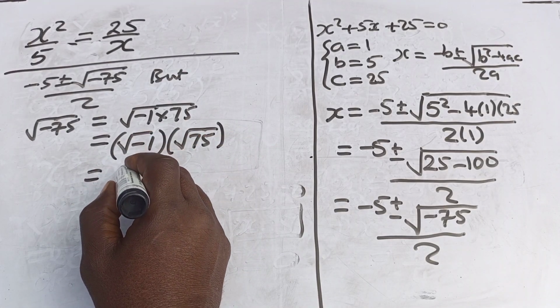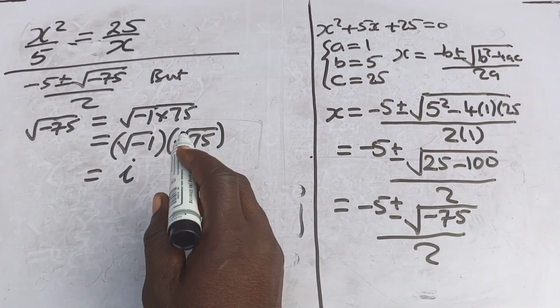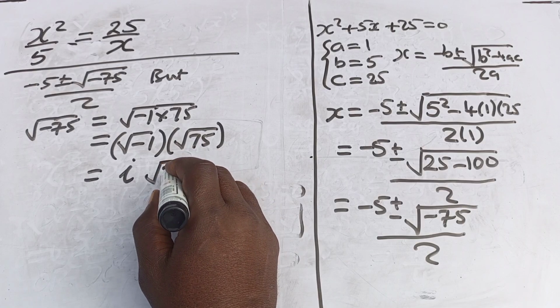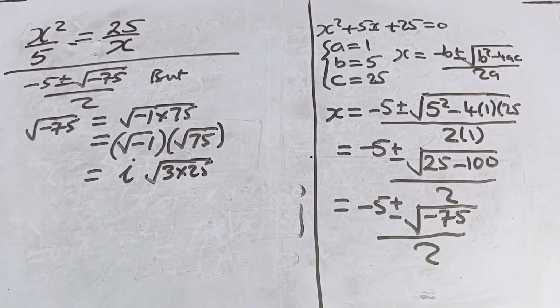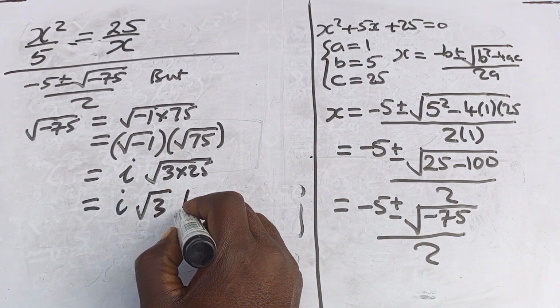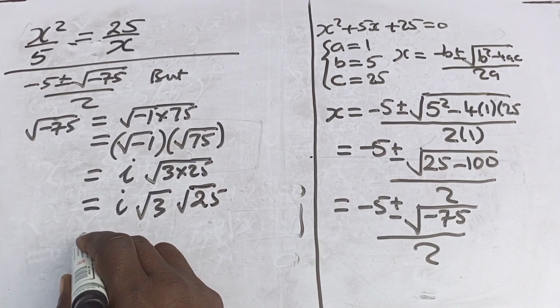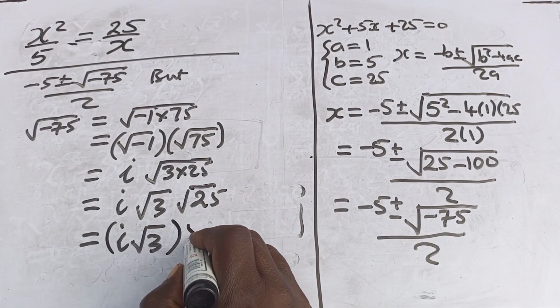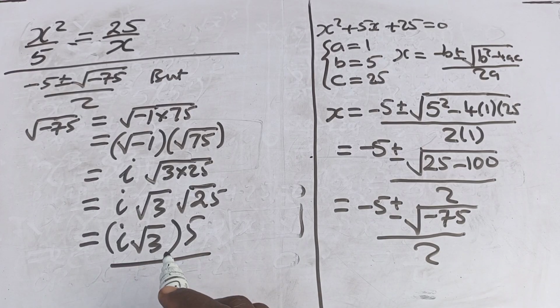Root of negative 1 is i, the imaginary number i. Root 75, we can write 75 as 3 times 25. Okay, this gives us i multiplied by root 3 multiplied by root 25. This gives us i root 3, and root 25 is 5. So root negative 75 is i 5 root 3. We can write this as 5i root 3. It's the same thing.